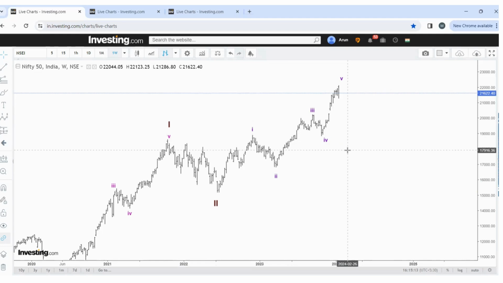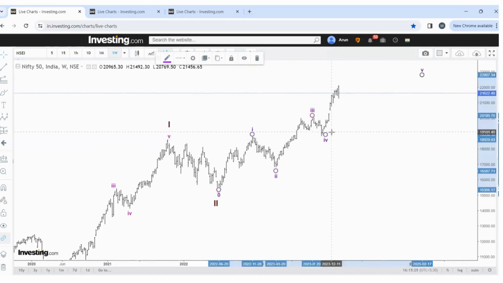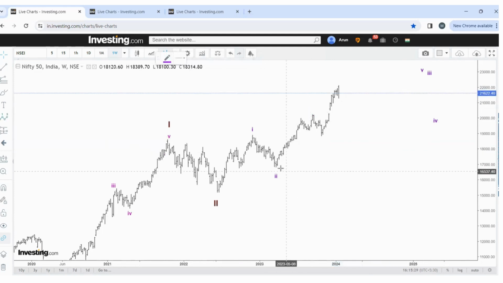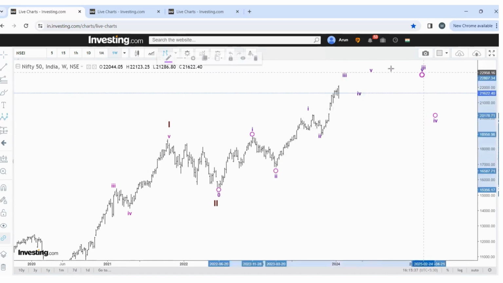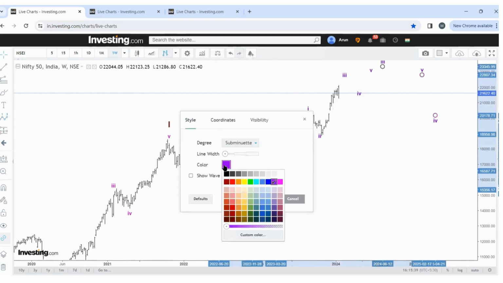That has much more potential distance in the particular trade. Even if this appears in your chart or trading, don't mark it as 4, mark it as an extending wave 3. That is, this is just wave 1 of 3, 2 of 3, and 3 of 3, and 4 and 5 may follow. Okay, I change the color.